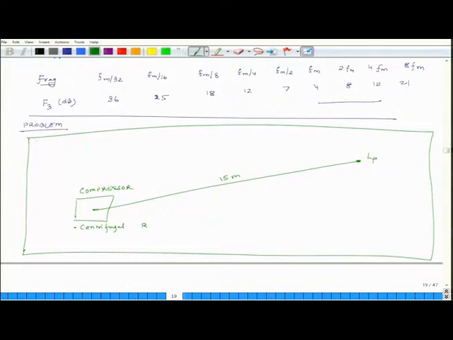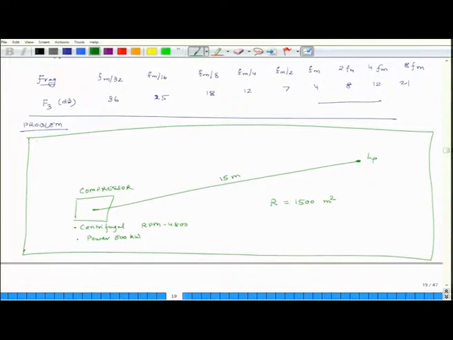Then it runs at 4800 RPM. It consumes actually 500 kilowatts of power. The room constant for this room is 1500 square meters.